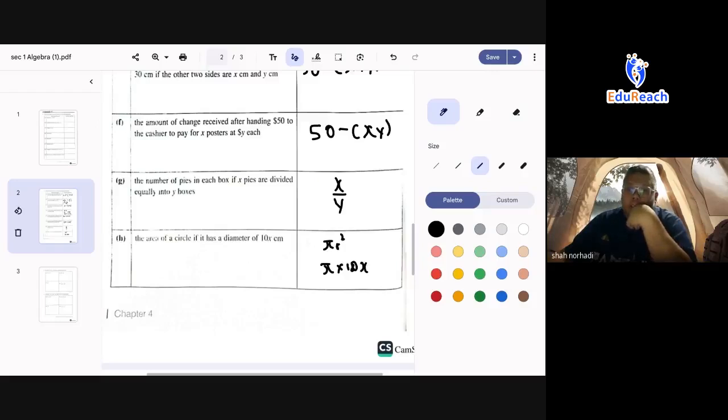Bracket the 10x, then put a square on top. After that, you need to open up the bracket and simplify it. So how would you simplify it?